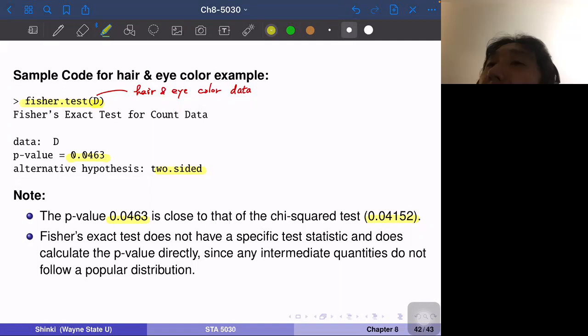So it doesn't work for very large tables. If the numbers are 10 or even 30 or 50, it's still plausible to do. But if the numbers are large, the chi-square test isn't much different from Fisher's exact test. So you can use the chi-square test.